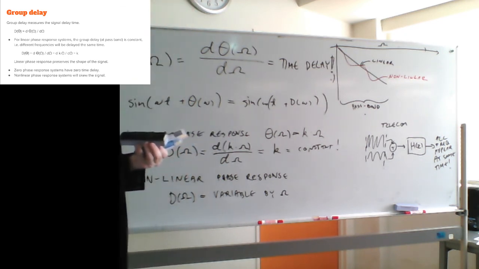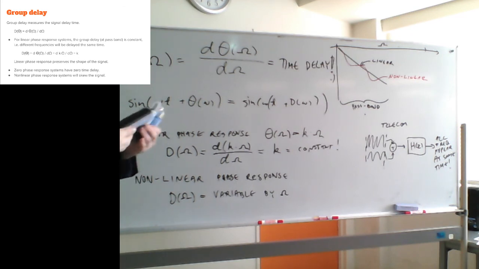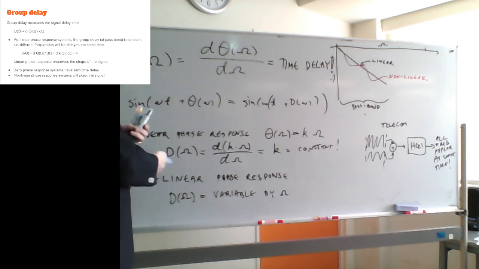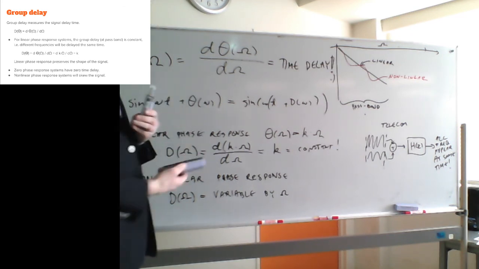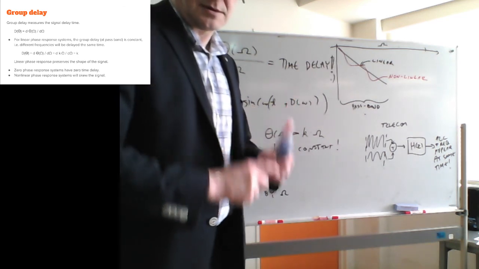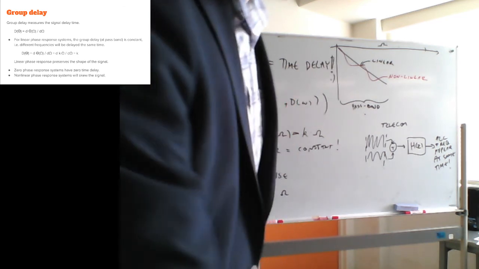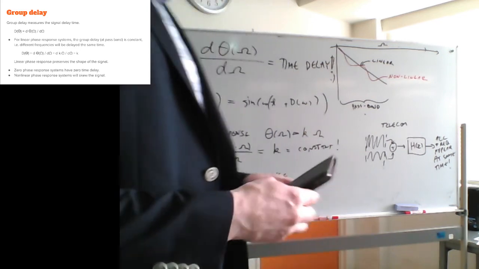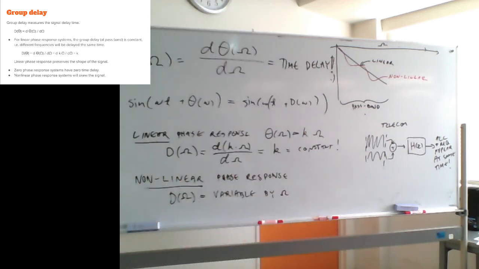You just put the pole close to the unit circle, which is really good for audio processing, for example. So this thing about linearity or non-linearity is not about good or bad, but more about what suits the application best. Okay.